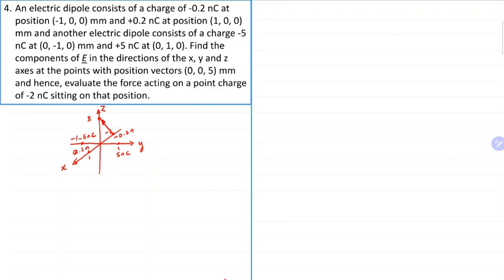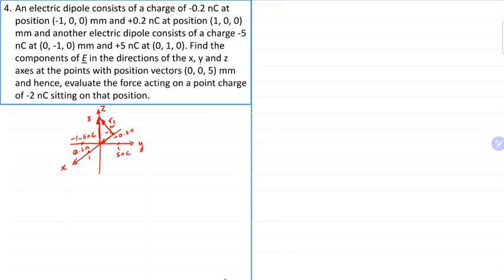If I call this vector R1, it is the position vector of our observation, which is (0, 0, 5), minus the position vector of the charge.